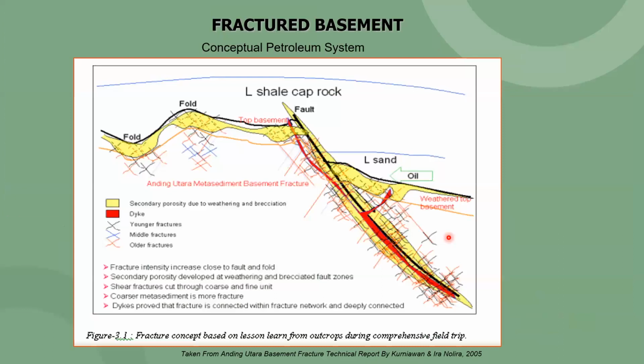Also, the reservoir rock is not always sedimentary rock; in some cases the basement behaves like a reservoir rock. Normally you have this type of structure. Let's say your sedimentary basin is like this over here, and you have the oil producing here.